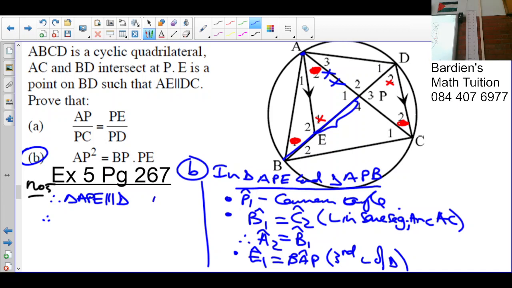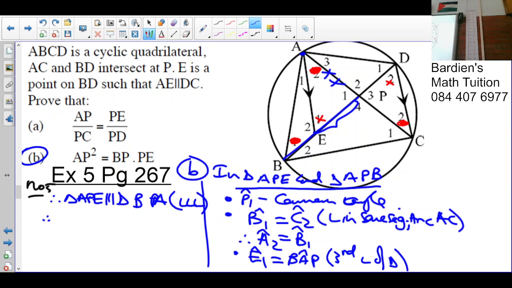P is the common one, so P is in the middle. A of the small triangle, which is A2, corresponds with angle B. And then E corresponded with the whole angle of AD, not so, BAP, which makes it... Okay. And the reason here is angle, angle, angle.